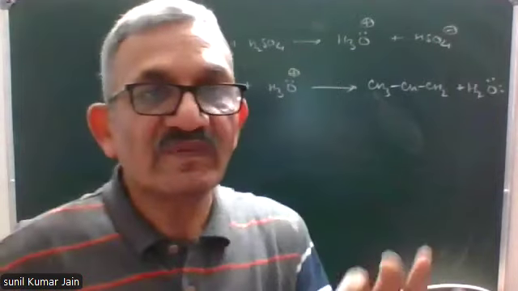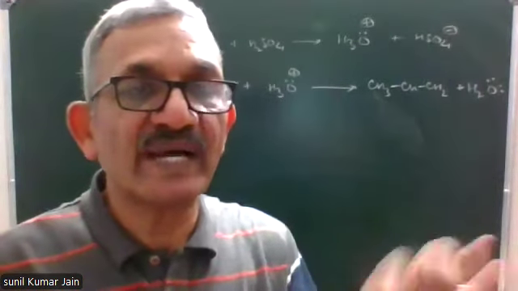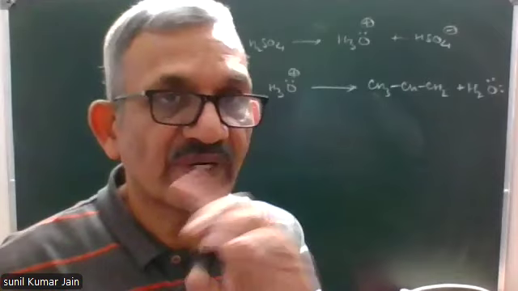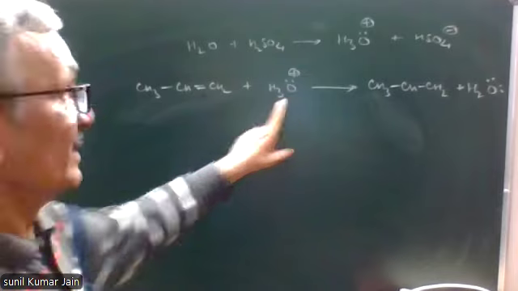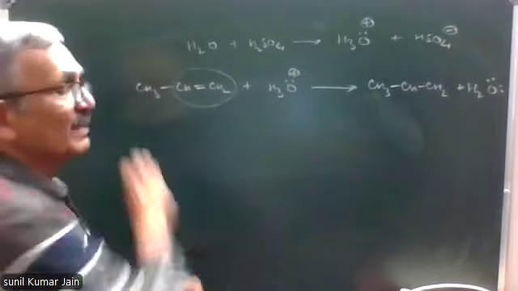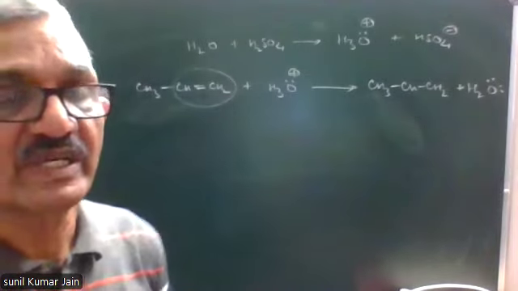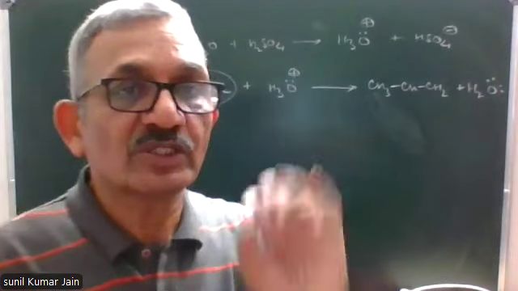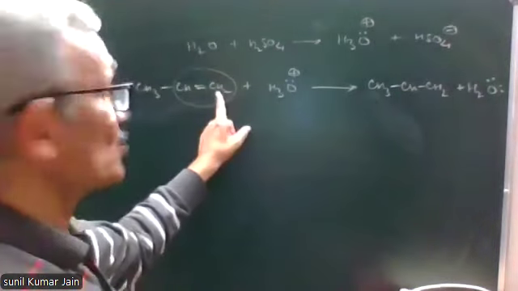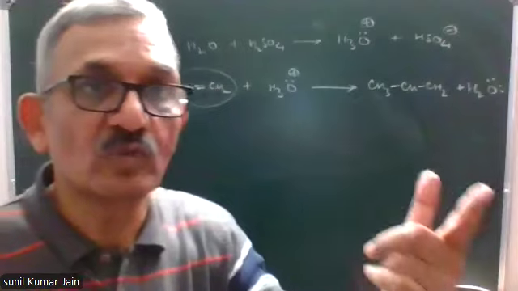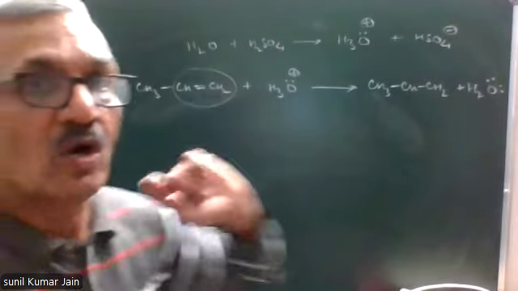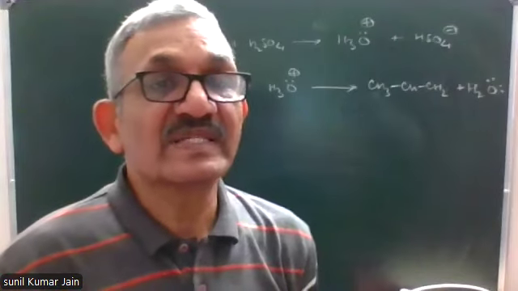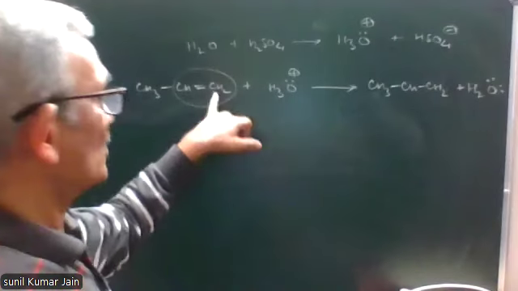Now, where will this H plus ion given by hydronium ion go? You have written this H plus ion will go to that carbon atom of C double bond C which is linked to a shorter alkyl chain, means this one, or which is linked to more number of hydrogen atoms, again this one, or which is less alkylated, again this one.